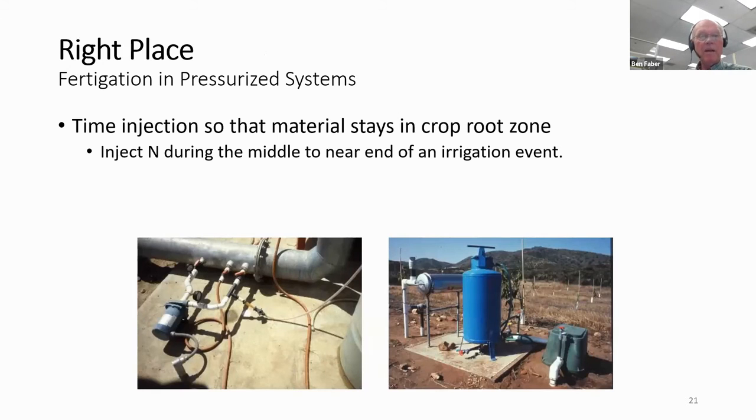So timing, ideally, we want to inject fertilizer into the irrigation near the middle part of the irrigation run. And we want to run our system about a third of the time without the fertilizer, and then the middle third with the fertilizer, and then allow some time to flush the system.